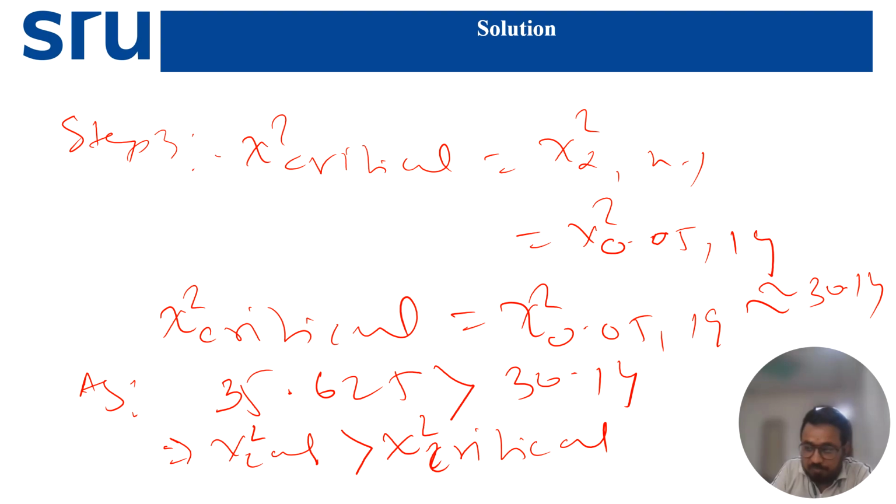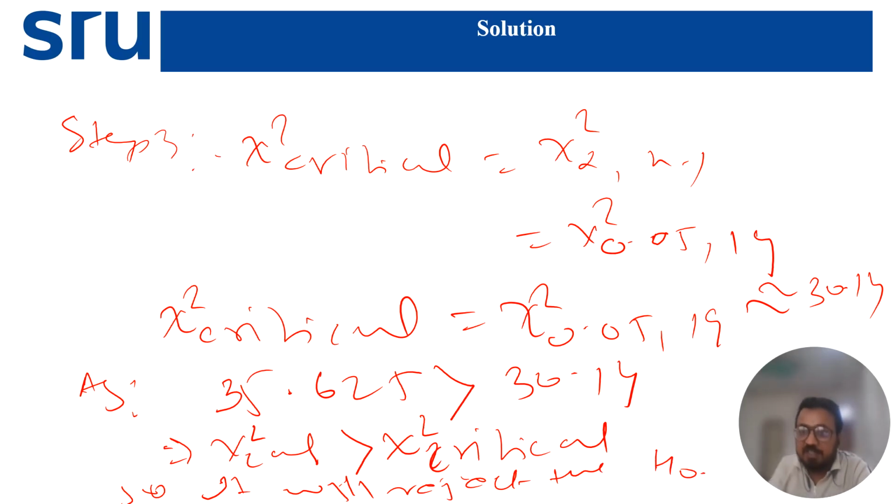So it will reject the H naught. What is the meaning? It will reject the null hypothesis H naught, meaning at the 5% significance level, there is sufficient evidence to conclude that the variance has increased. Okay.